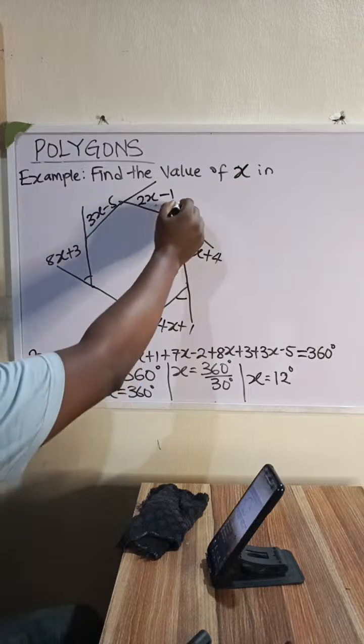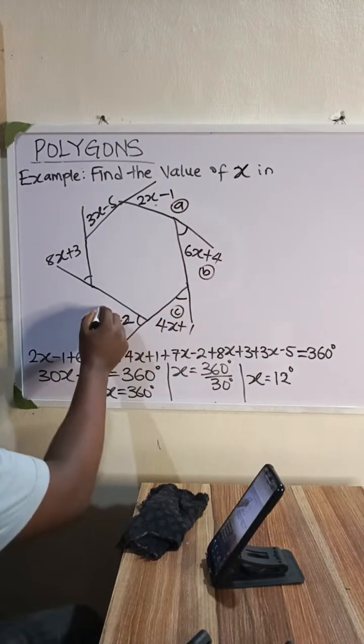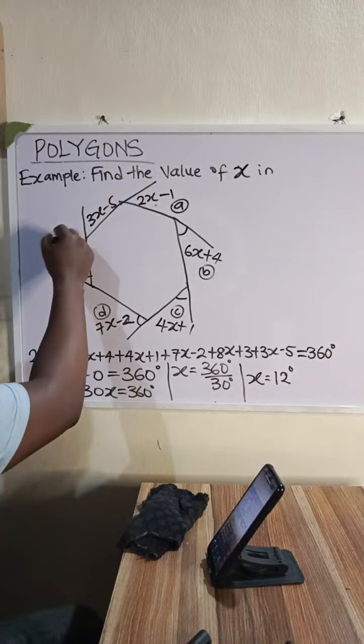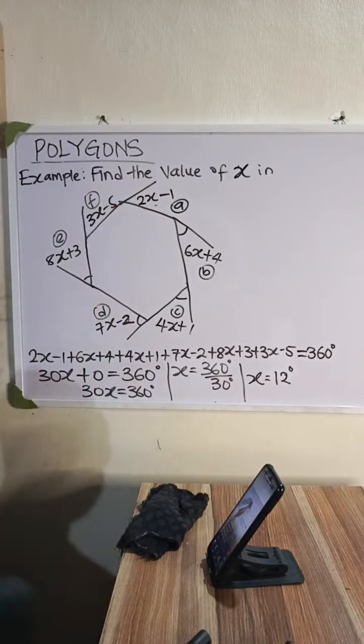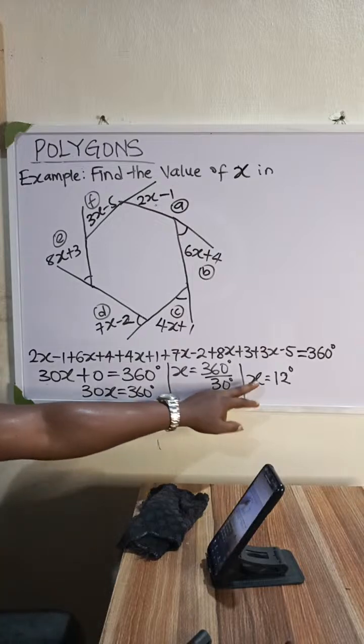So if x is equal to 12 degrees, let's call this point A, point B, point C, point D, point E, point F. So angle A, external angle A, is going to be how many degrees? Now we know that x is equal to 12.